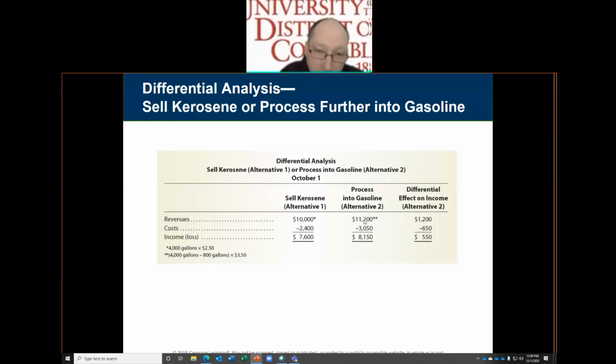You take your alternative 2 minus alternative 1, $1,200. Difference in cost, minus $650 because it costs $650 more to process gasoline. The difference in income is $550. The clear choice here is to continue processing and make gasoline because I would generate additional revenue, additional income.